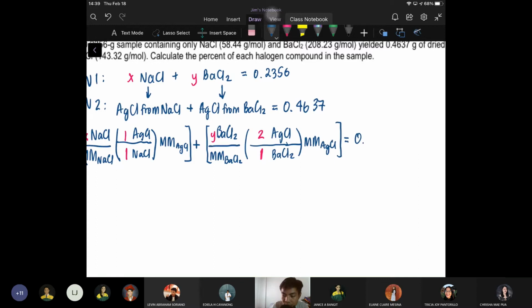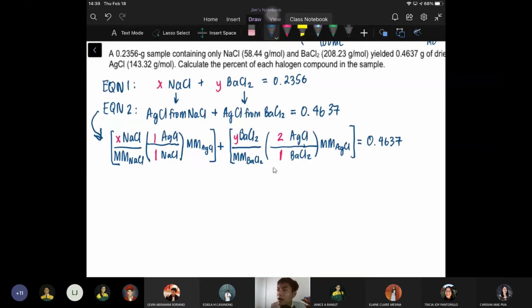And that is all equal to 0.4637 grams. Okay, so itong term na to equal yan dito. Itong term na to equal yan dito. Pag pinag-add ko yung dalawa yan, that is equal to the mass of the precipitate, which is 0.4637.